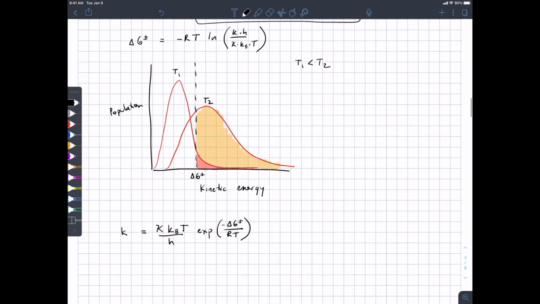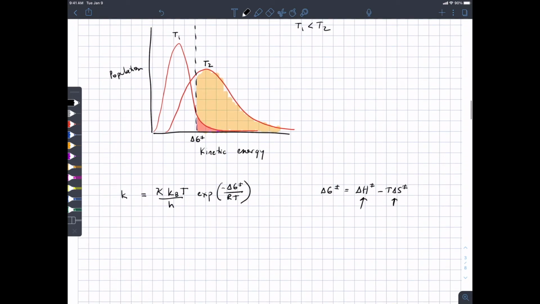Okay? And let's remember that activation energy is probably related to activation enthalpy and activation entropy, right? That's the typical definition of free energy. So each free energy is going to have an enthalpy part and an entropy part.